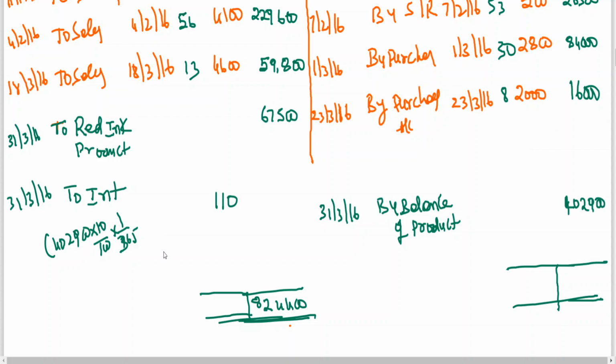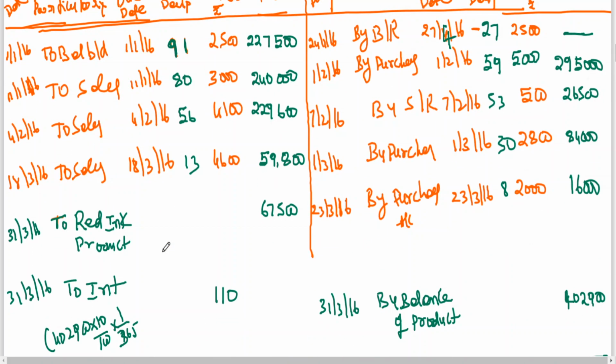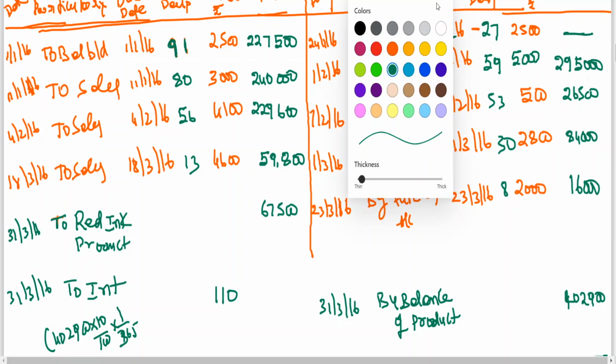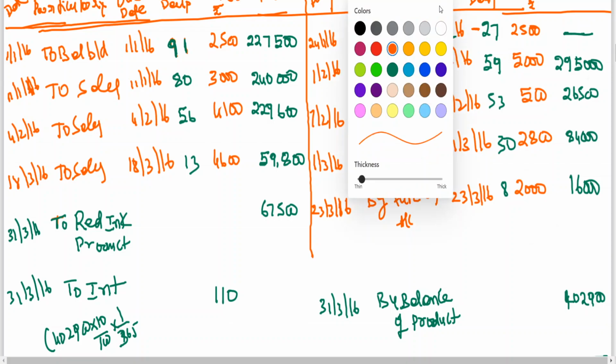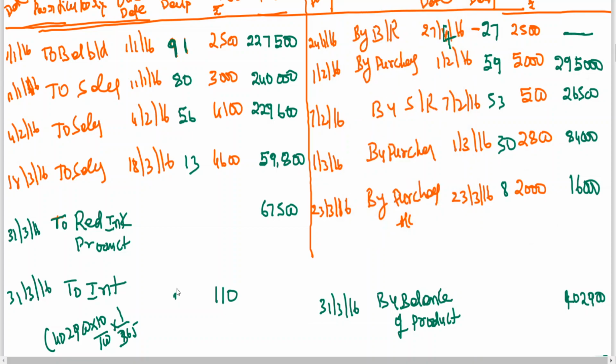Now we can go for the totaling of the amount column. 2,500 plus 3,000 plus 4,100 plus 4,600, it is coming to 14,200.